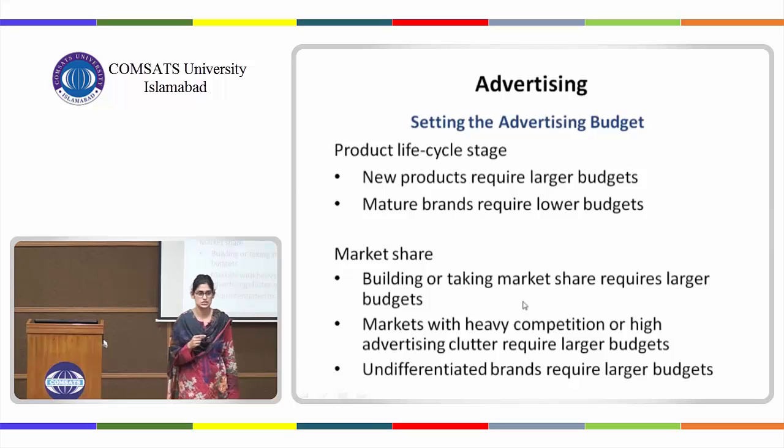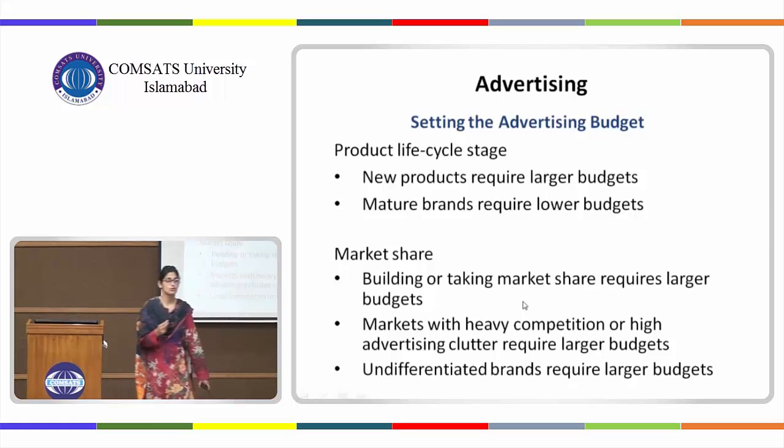Now at that particular stage, what you're trying to do is initiate trial, and secondly make people aware of the product. Now this costs a lot of money, and for that you need to promote your product. You need to inject money in your promotional campaigns so that you could convince the people into trying your product, you could educate the people about your product, right?